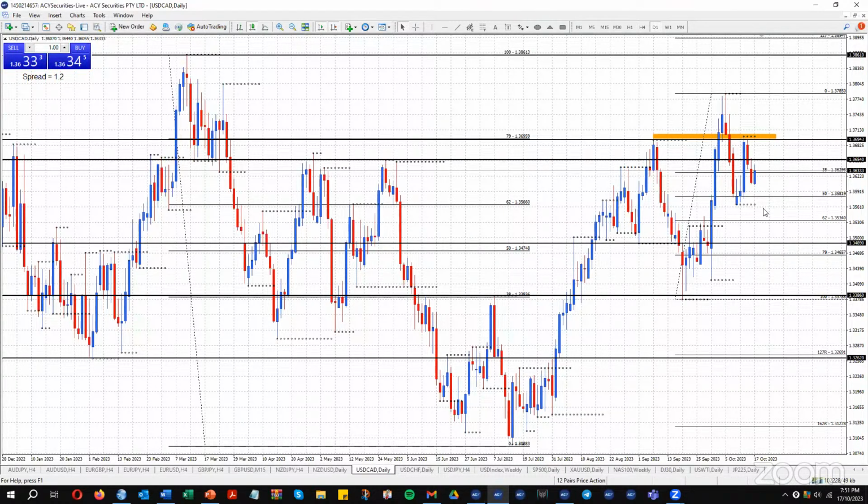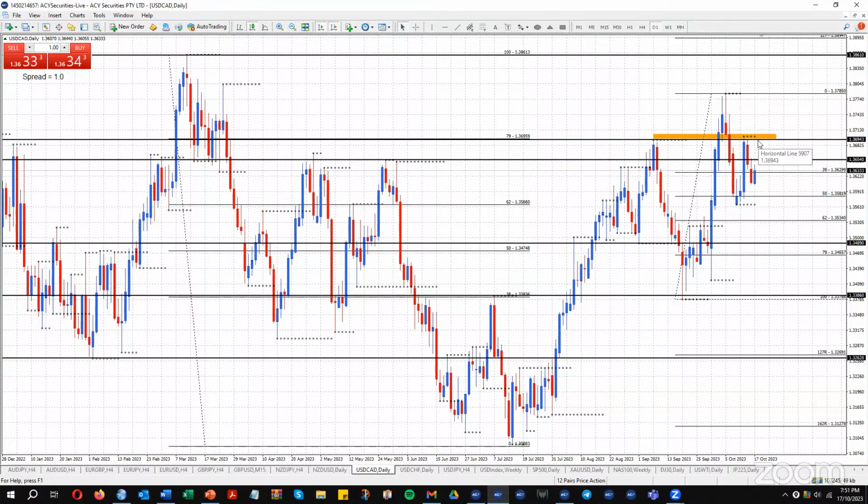So, if the dollar CAD was the only pair I could trade at the moment, because really it's in the middle of this range too, from low to high, I'd probably leave it alone. But if I had to make a choice, I would probably be sitting on my hands waiting to see if we come back up to 136.94, the 137 level, and do we once more fail up there? Because that's a very strong level of resistance that the market seemingly doesn't want to break.